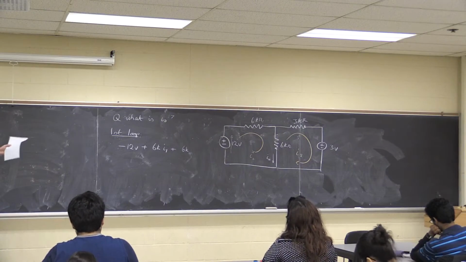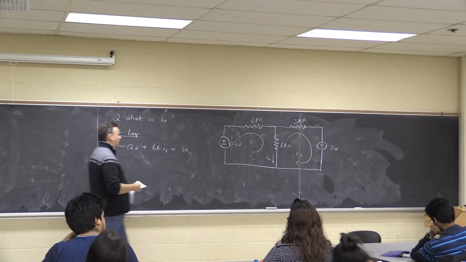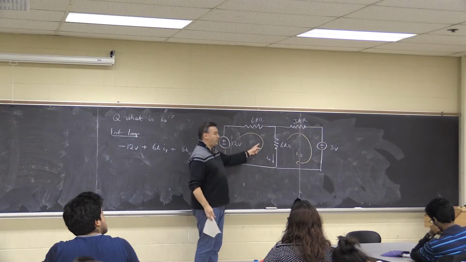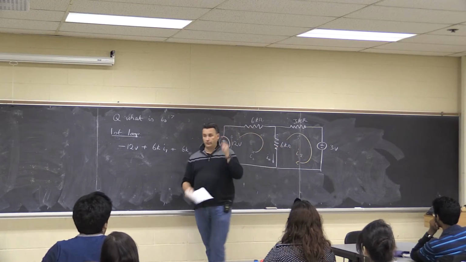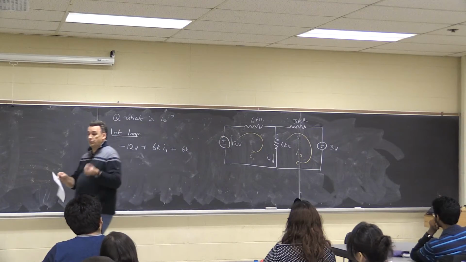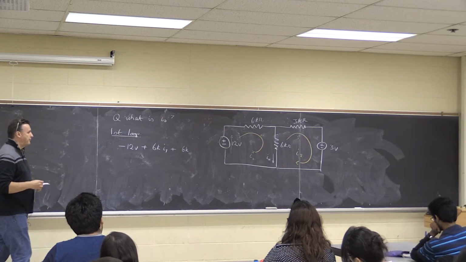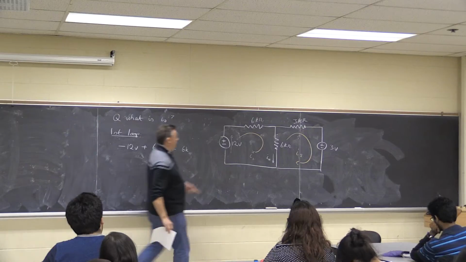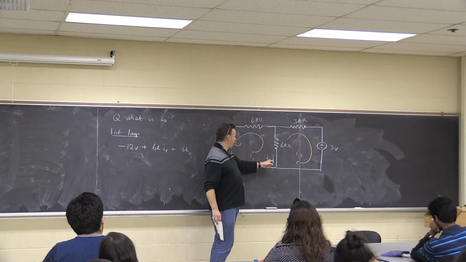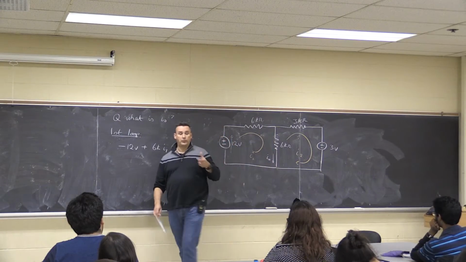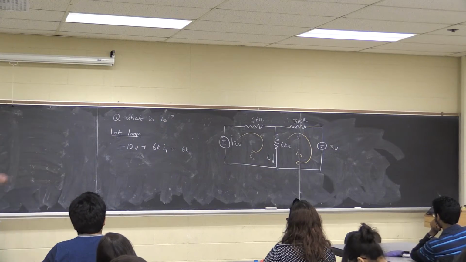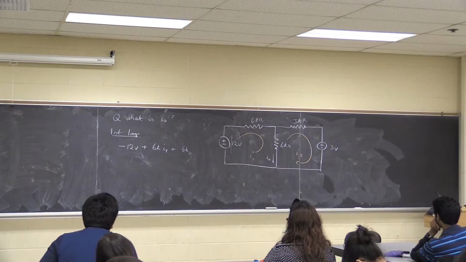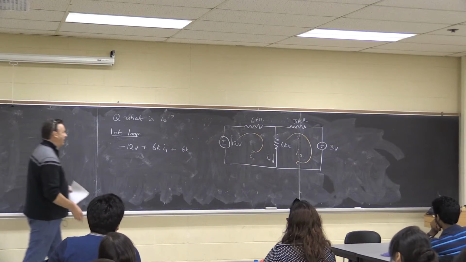The voltage drop across that resistor is going to depend on this current and this current. So if they change relative to each other, voltage is going to change. Clearly the voltage drop across this resistor is this resistance times I naught, which is what I want. I need to know the current flowing through that branch. But I can see I naught is going to be I1 minus I2, because they flow in opposite directions.